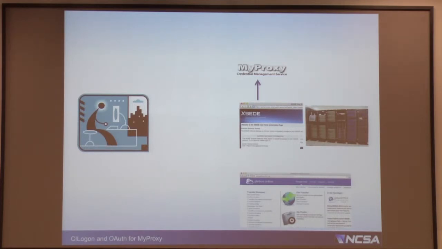And MyProxy is verifying that my Exceed credentials are accepted, and it's issuing a certificate into my session. Then the Exceed OAuth server issues that OAuth token back to Globus Online, and just as before, now Globus Online is able to get a certificate based on my Exceed identity.